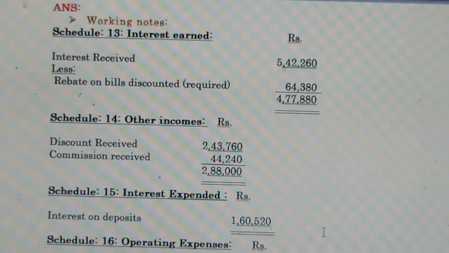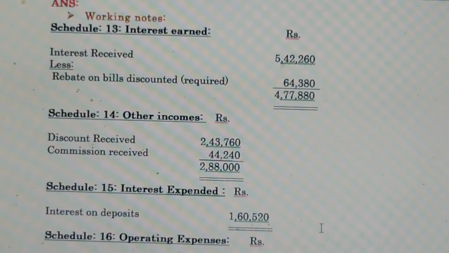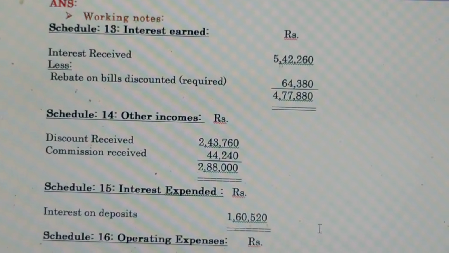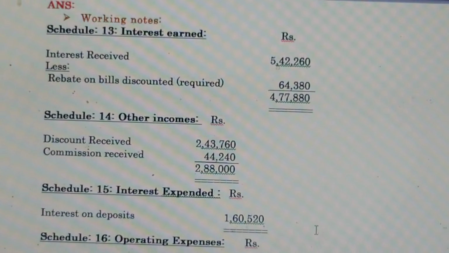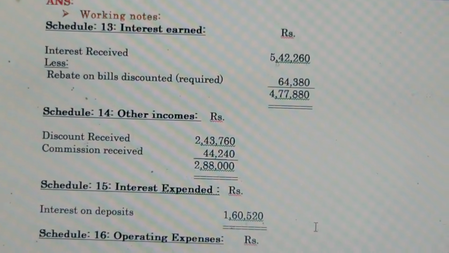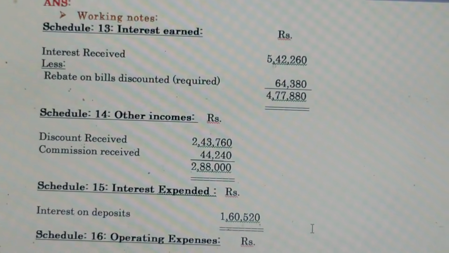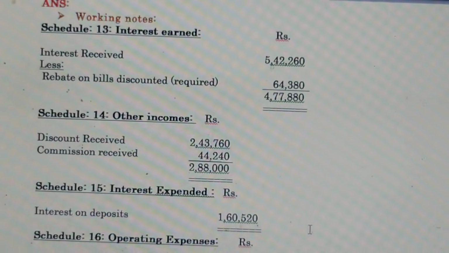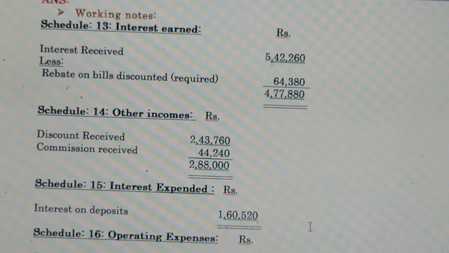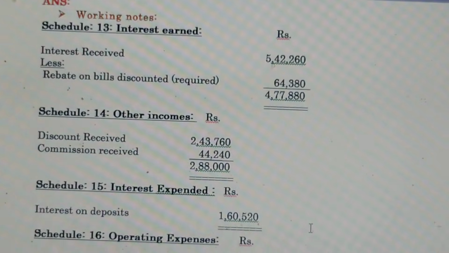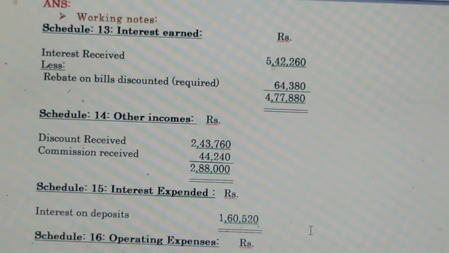Then less rebate on bills discounted required, that amount is rupees 64,380. 5,42,260 minus 64,380, we get 4,77,880. That is schedule number 13 total.